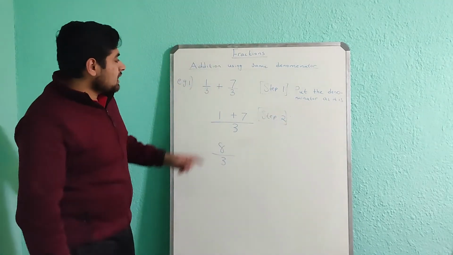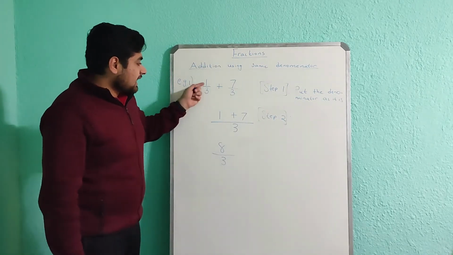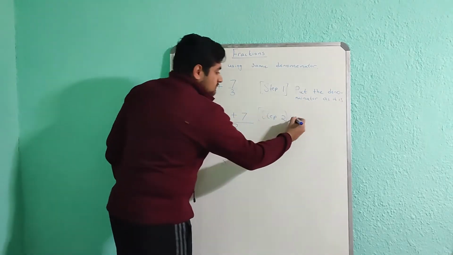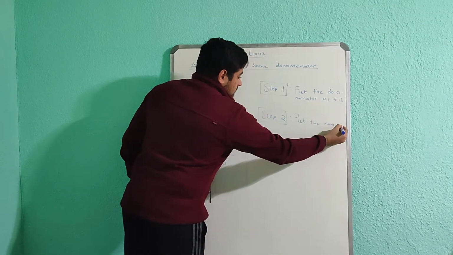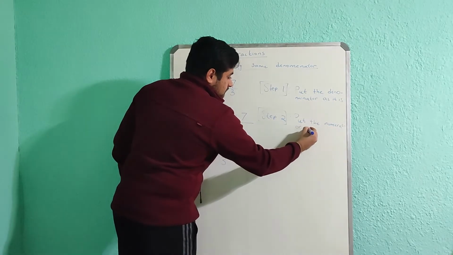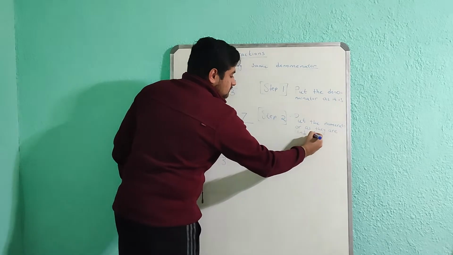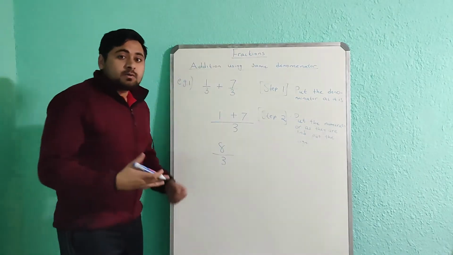In step 2, we simply put the numerators as they are and we place the sign. And what was the last step?